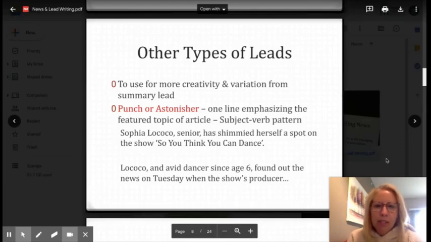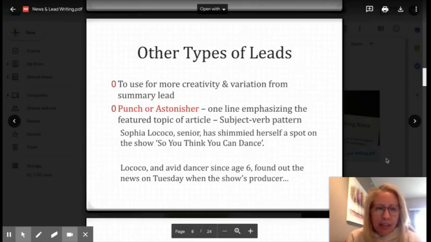And so what it does is it uses a subject-verb pattern, so you're leading with the who in this case. So for example, Sophia Lococo, Sr., has shimmied herself a spot on the show, So You Think You Can Dance. And that's the lead. That's the first paragraph. And so you've identified the who and the what.